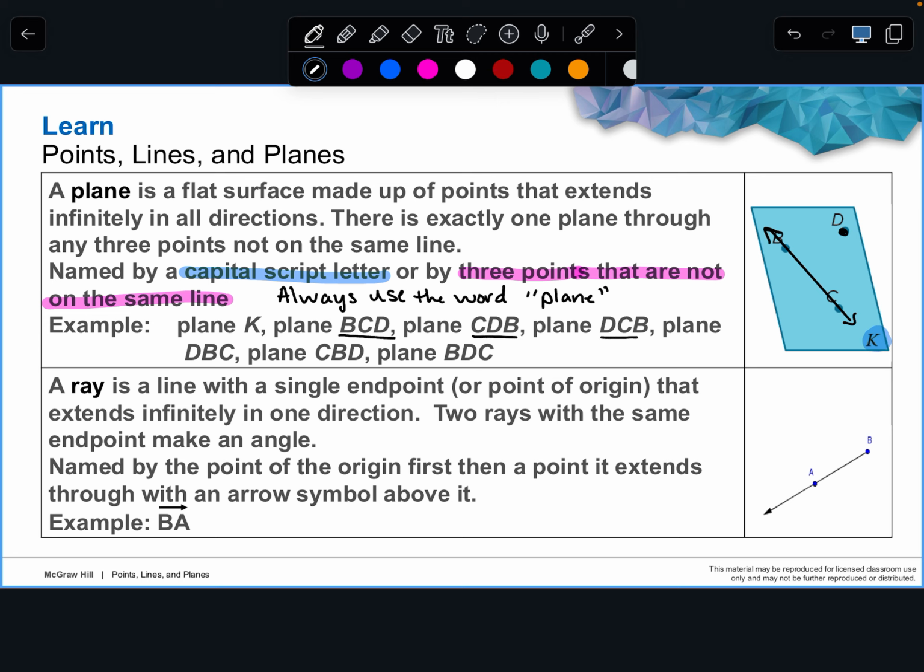I could also do DCB, DBC. See, there are 6 different ways to rearrange those letters. All of them are appropriate. All of them are acceptable. Okay? It does not matter which order. So you can use any single one of them. So with 3 letters, there are 6 different ways to name them.